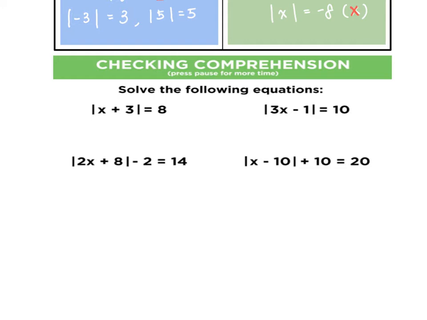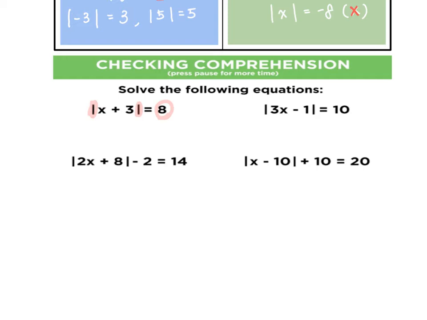So the key is, remember, between those absolute value symbol bars, it can be a negative value or a positive value. Both will come out as a positive value. So you're gonna separate into 2 cases.